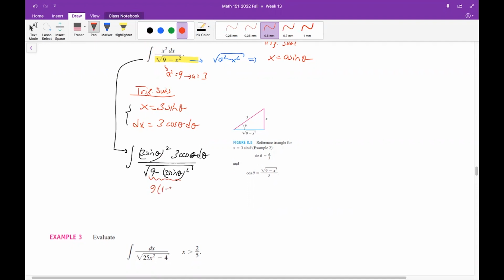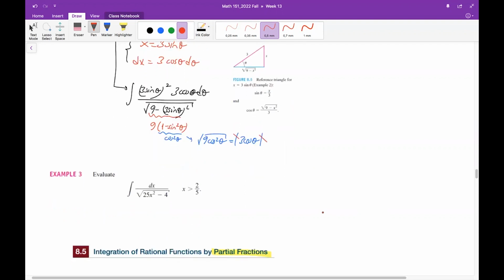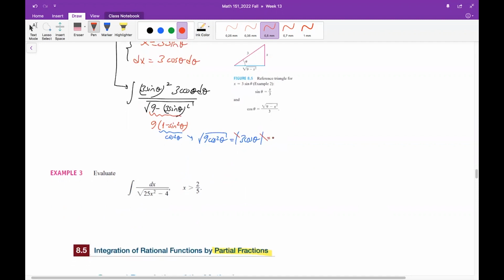It can be written as 9 times 1 minus sine squared theta, which is 9 cosine squared theta. So the square root is 3 times cosine theta in absolute value. And as I explained above, you can get rid of these absolute signs because of our assumptions on theta given above. So the result for the denominator is 3 cosine theta.